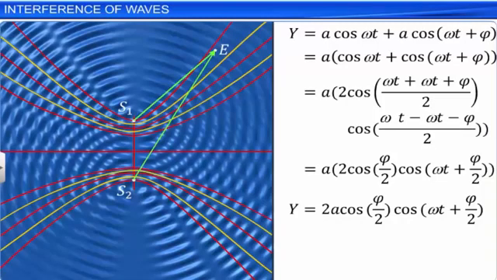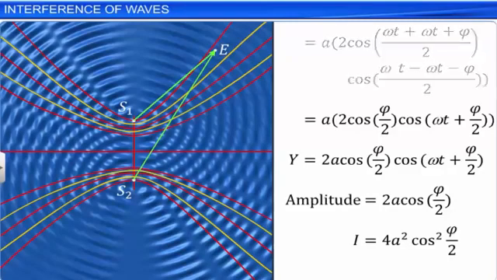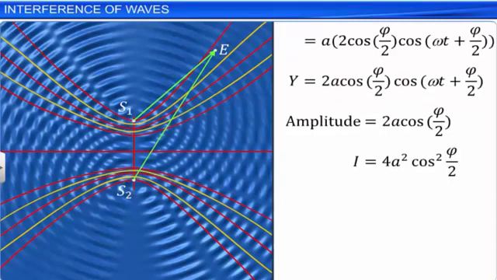The amplitude of the resultant displacement is equal to 2a cos (phi by 2). Therefore, the intensity at E is I equal to 4a square cos square (phi by 2). This can also be written as 4 I0 cos square (phi by 2). Let this be equation 3.